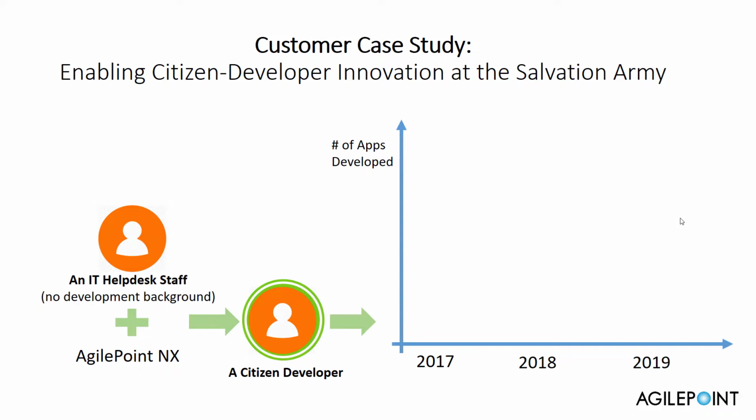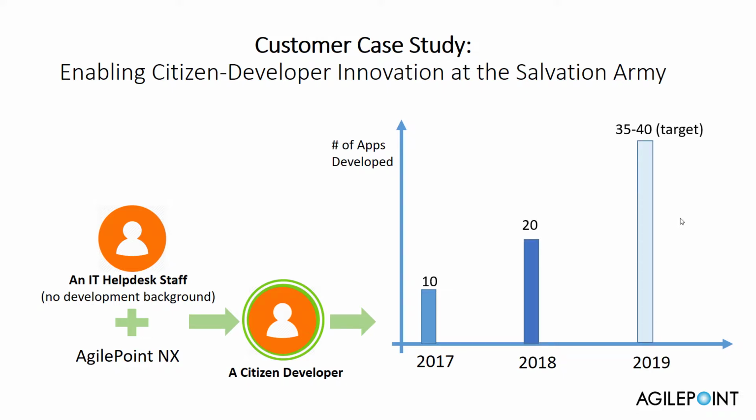After a short training period in the first year, the single user was able to develop 10 applications. In 2018, that number doubled to 20 and will again double to 40 in 2019.